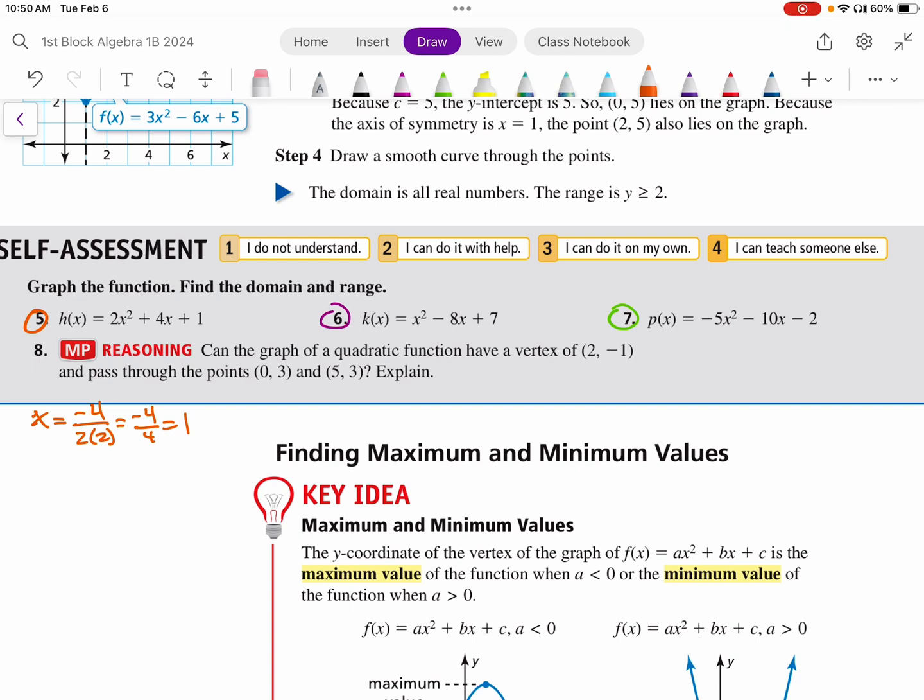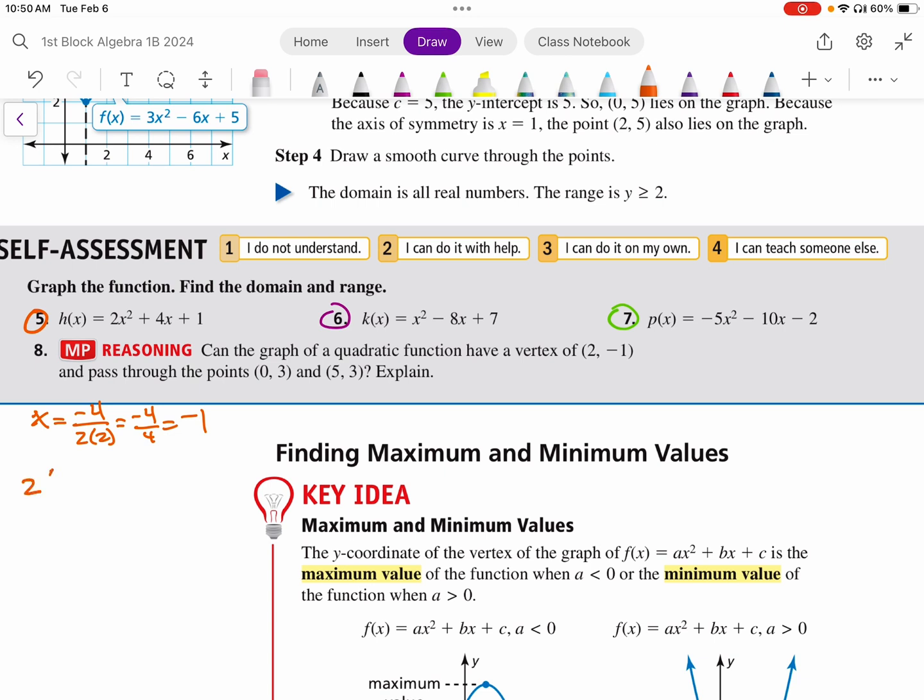Now I plug 1 back in. 2 times 1 squared plus 4 times 1 plus 1. That's 2 plus 4. Ooh, I made a mistake there. Back it up. It's not 1. It's negative 1. Negative 4 divided by 4 is negative 1.